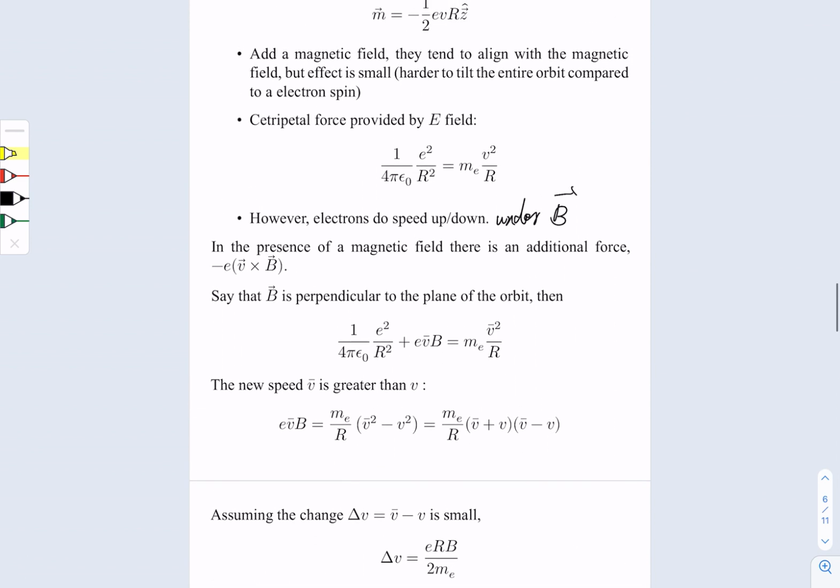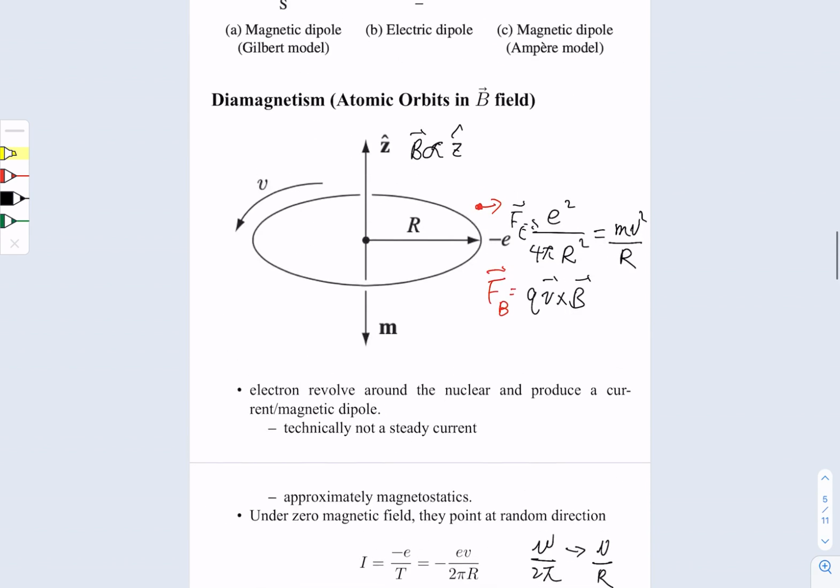Now we can count. Oh, sorry. The charge is negative, right? So I think I made a mistake. The charge is negative, so I actually need an additional minus sign.